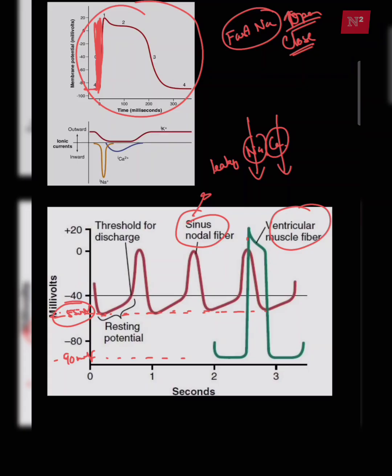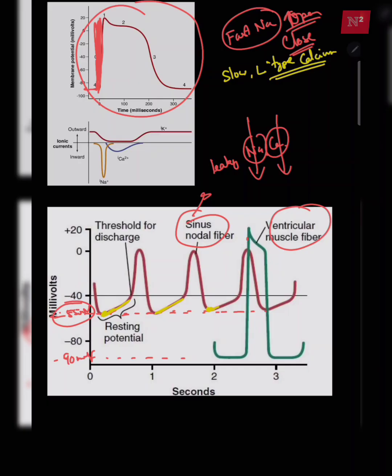Now because of that, although there is a slight bit of slope being generated by these fast sodium channels, because of the immediate closure at this particular firing level, the slow L-type calcium channels come into play. They are very slow to react or open, so that's why we get a slope.